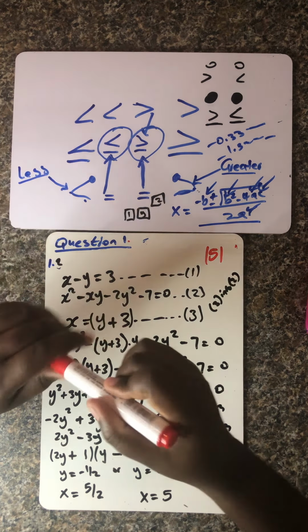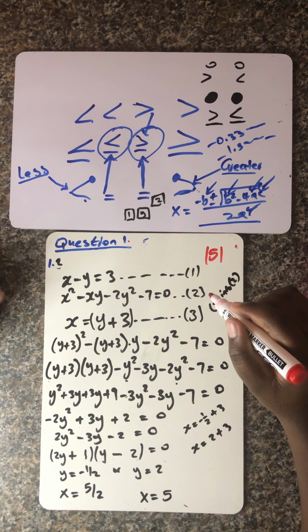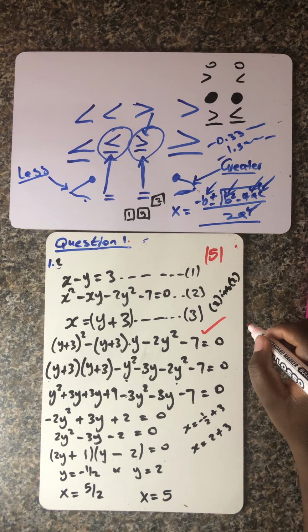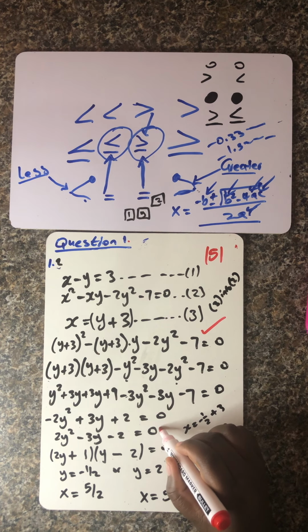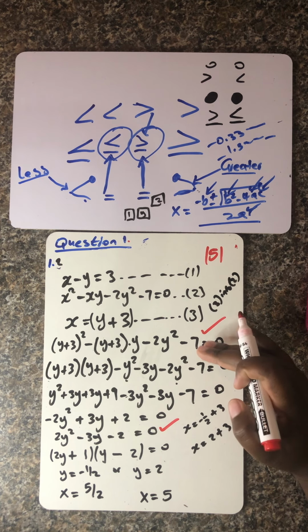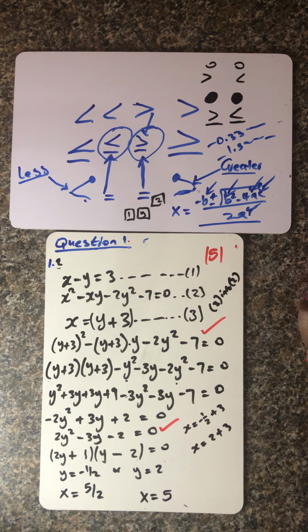Very much important, ladies and gentlemen. So this is how we give you the marks. Firstly, for correct substitution, we give you a mark. Guys, for simplification, for writing it in its simplest form, we give you a mark. We assume this is grade 10 stuff where you just solve.